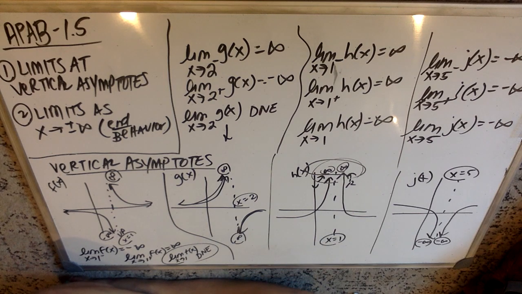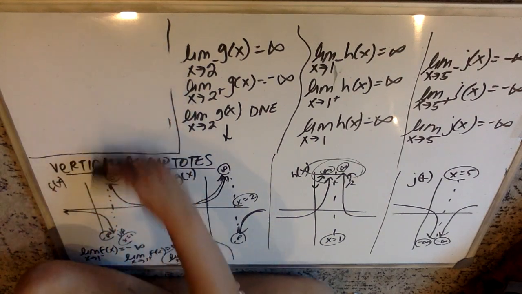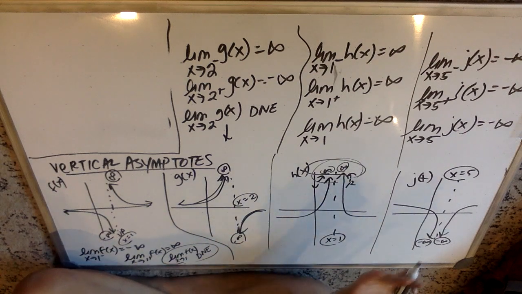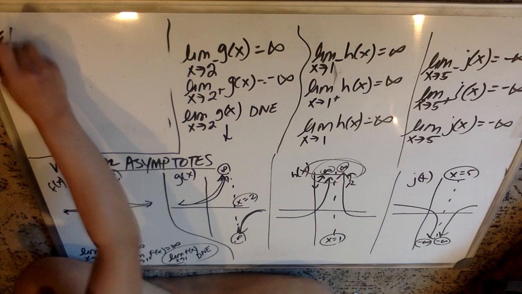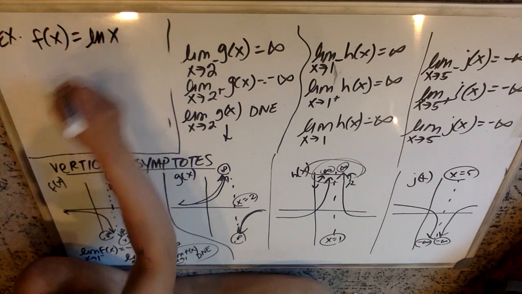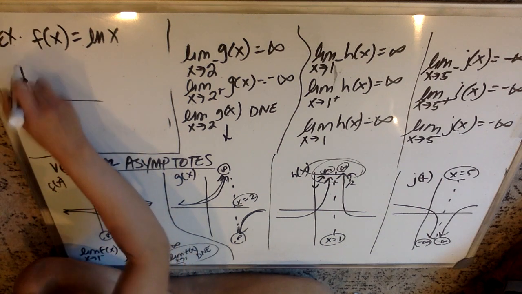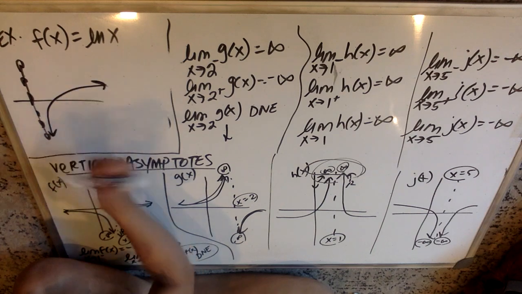Now, a little caveat about that, right? Let me buy myself a little space here. So just a little bit of a weird case, right? Remember, we did talk about what happens if there is no left side or right side, like if a graph ends. So in the example of something like f of x equals the natural log of x, this graph has a vertical asymptote at x equals 0, which I'm going to draw big obnoxious dots for, and then doesn't exist on the other side.